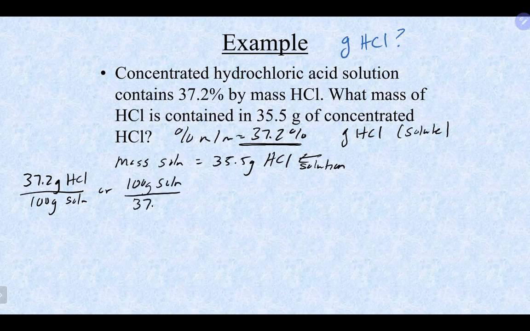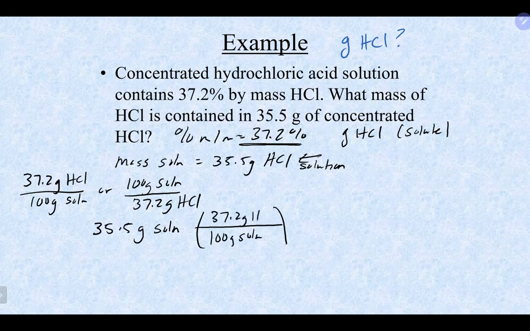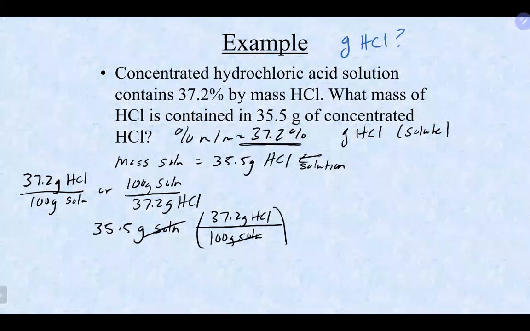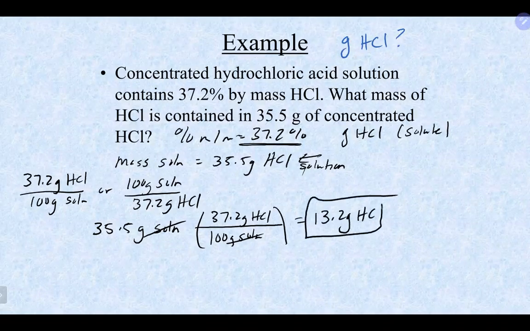So I take my mass of the solution, 35.5 grams of solution, and use this as a conversion factor, where 100 grams of solution goes on the bottom and 37.2 grams of HCl goes on the top. The grams of solution cancel, and 35.5 times 37.2 divided by 100 gives me 13.2 grams of HCl dissolved in there.